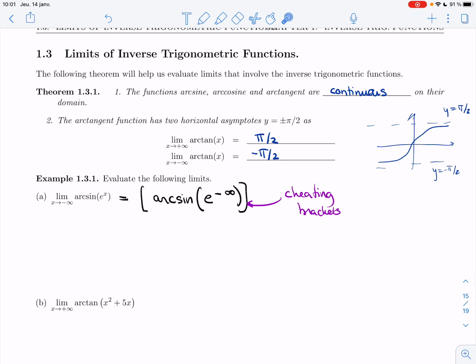All right, and then I'm going to look at the inner part, e to the minus infinity. If you remember what the graph of e to the x looks like, it looks like this. So let me draw it for real so it stays, because I do think it should be in the notes here. I'm going to minus infinity, so I'm going this way. I'm approaching 0.